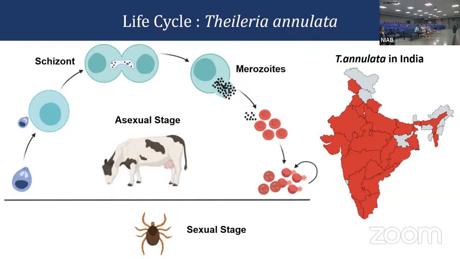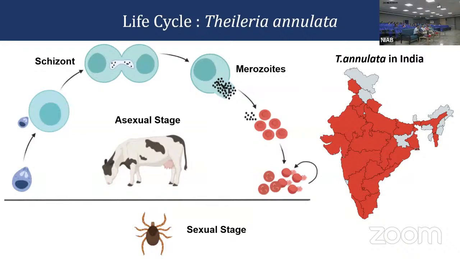In the bovine, it starts with the inoculation of the sporozoites, and then it goes through various stages like schizont, merozoite, and piroplasm. The most pathogenic stage is considered to be the schizont stage. Now, my thesis is majorly focused on this stage of the parasite.